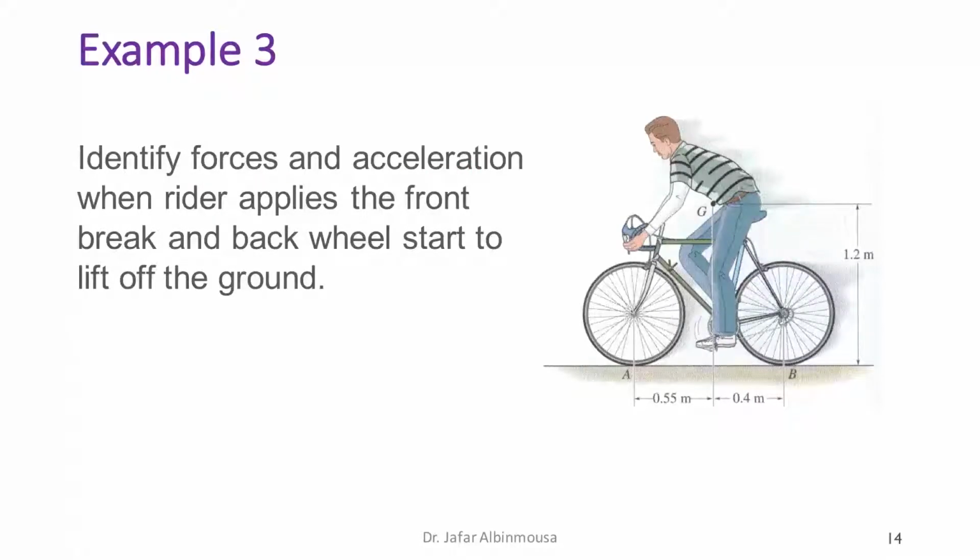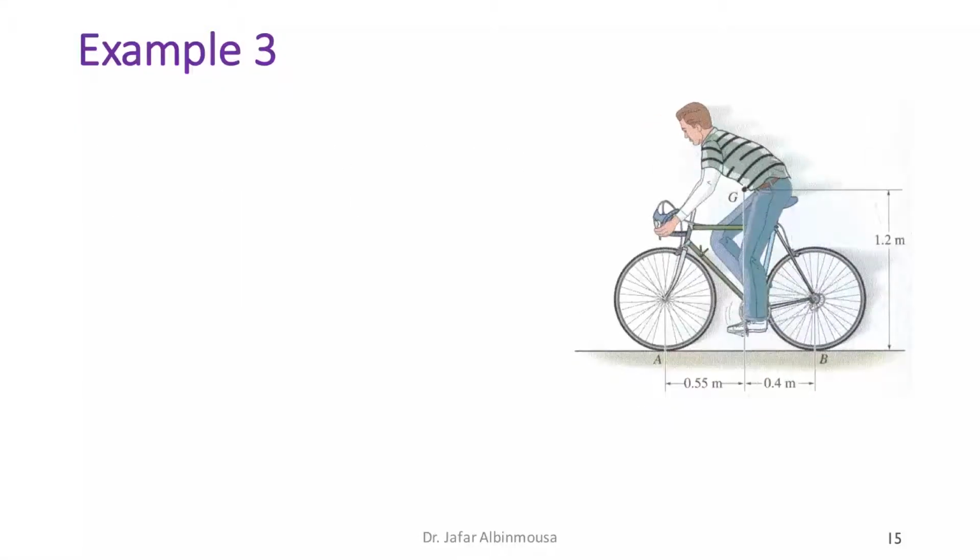Now in this other example, we are again requested to identify the forces and the acceleration when the rider applies the front brake and the back wheel starts to lift off the ground. So again, we should show the weight mg, and we will have N_A as a normal force, and at this time N_B is going to be 0.